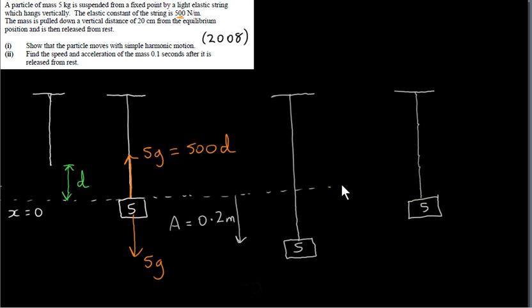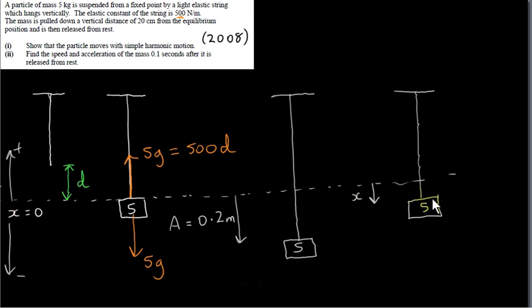Let's suppose that the mass is at some position x. X could be positive or negative. Well, actually, if we take upwards as positive, then downwards will be negative, but it doesn't matter which sign we assign to any particular direction.